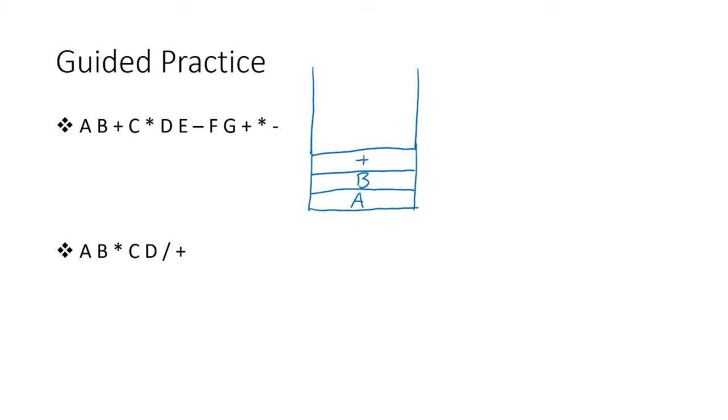Oh no, I got an operator, so that means I have to pop the operator off, as well as pop the two below it off as well. B and A. So the B was the first one that was popped off, so it is the second operand. The A was the bottom tray, it was the second one popped off, so it will be my first operand. And I push that back on.